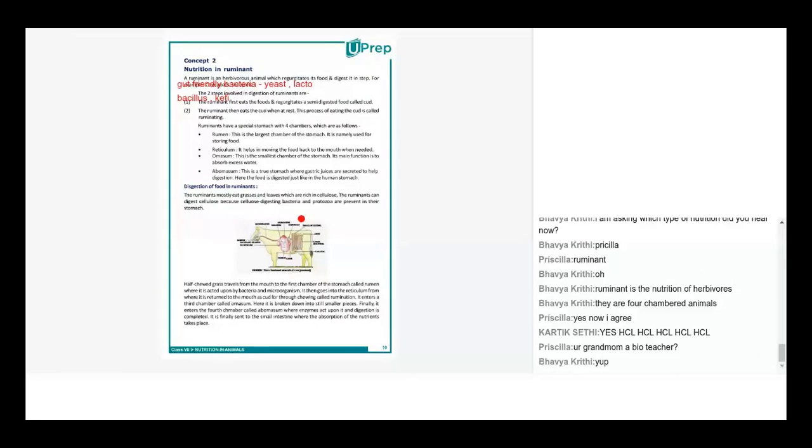Ma'am, how many good bacteria will be there in our body? See, it is difficult to count like that. There are thousands and hundreds of different kinds of bacteria, and every day it creates a good environment, or maybe a good biome.